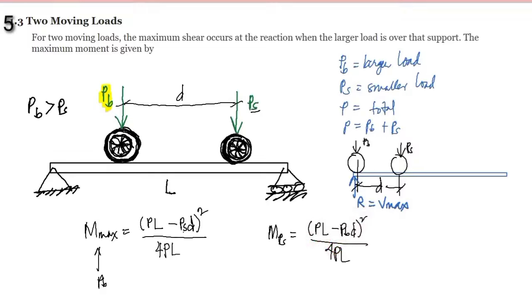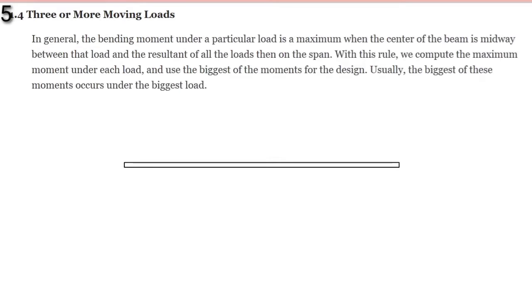As you can see, the formula looks similar. Only this is different. And for manual computation for this, we will apply the idea in the next topic, which is 3 or more moving loads.